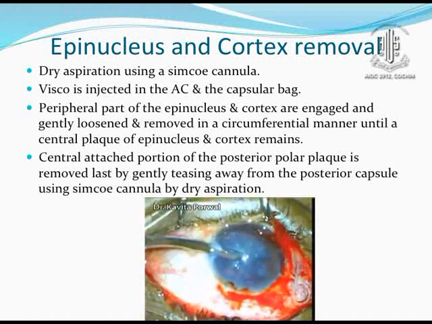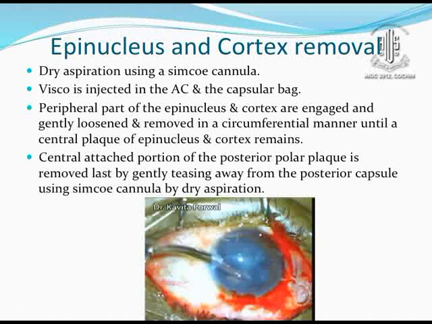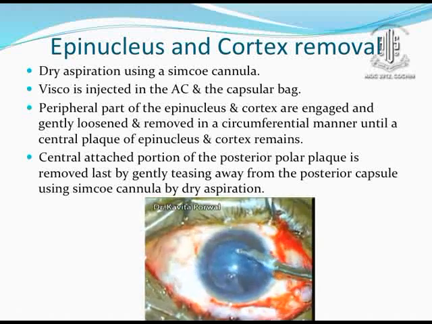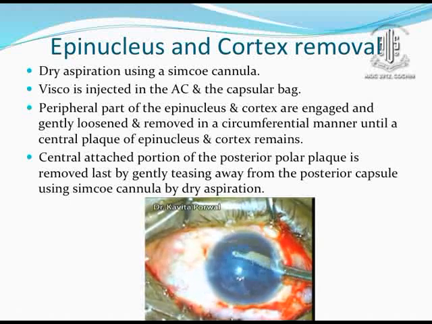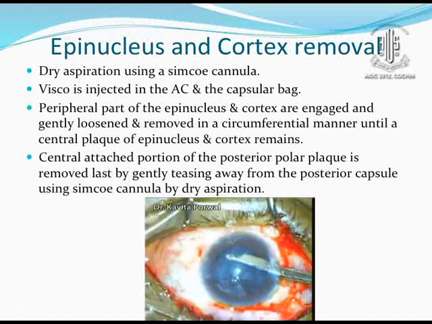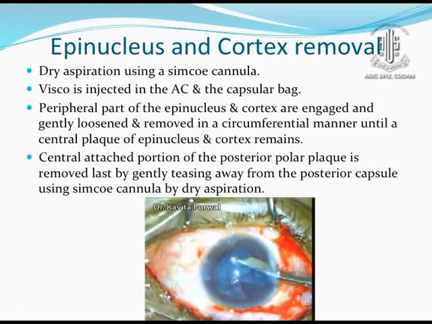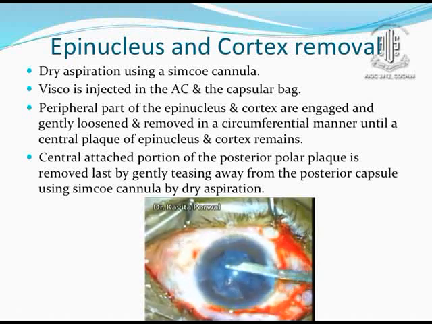We are removing the peripheral part, making it loose, and in the last we'll tease the central part. In case you require, you can make a second side port, because it is a dry aspiration, so it is not as easy as the routine Simcoe aspiration we do.